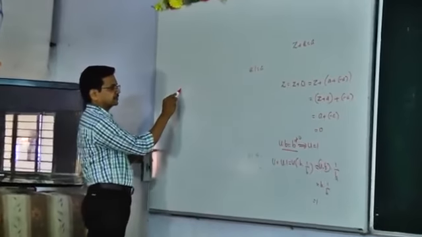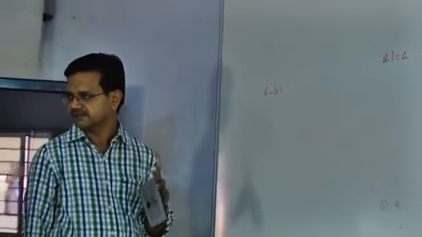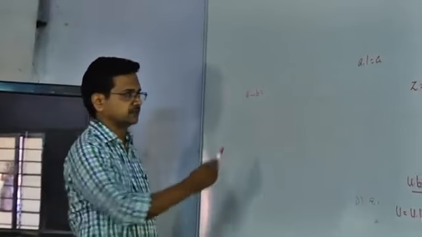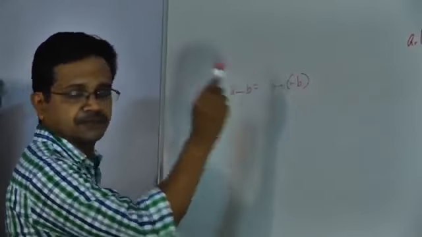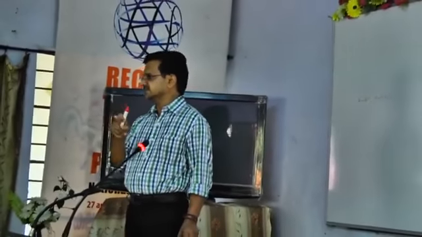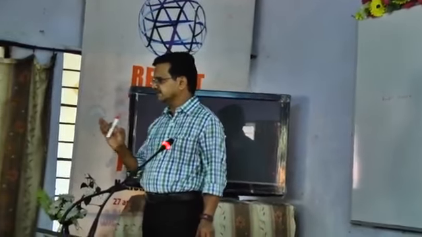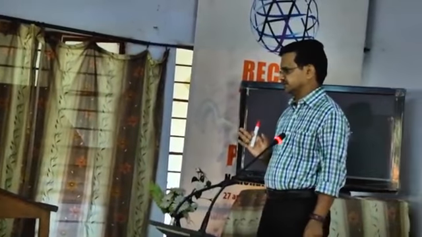In R, subtraction is denoted by a minus b, where a and b are any two real numbers. A minus b is defined as a plus minus b. So by using addition, we can do the subtraction operation also. Basically, in R, there are two operations: addition and multiplication.